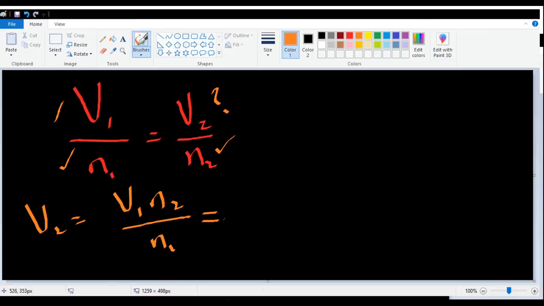Volume 1 was 12.5 liters. N2 was 1.375. N1 was half a mole.